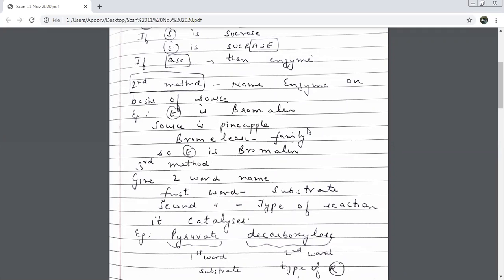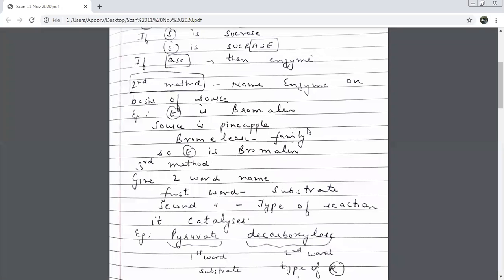Second, beta, if you see the first word, the same confusion is coming that came in the first system. The first word is the name of what? Substrate. And the substrate may again be known by different names in different places. And with the second word, there is a problem. Can we guess what problem must be coming in the second word? It just tells you what function the enzyme is doing. What confusion can there be here?